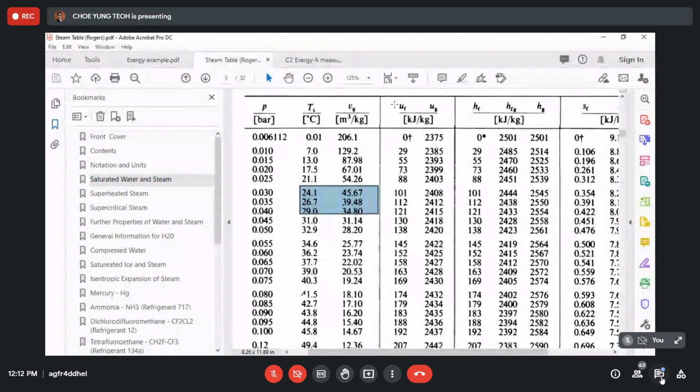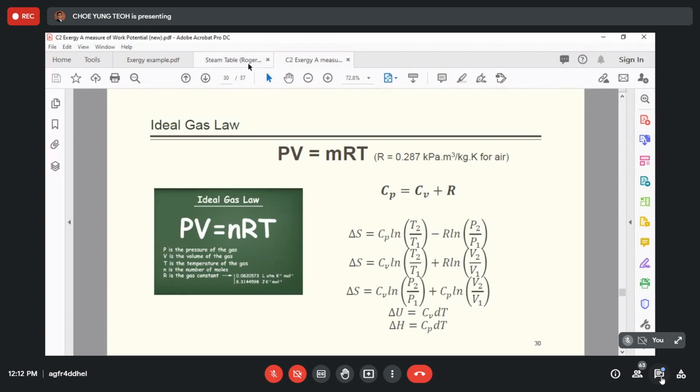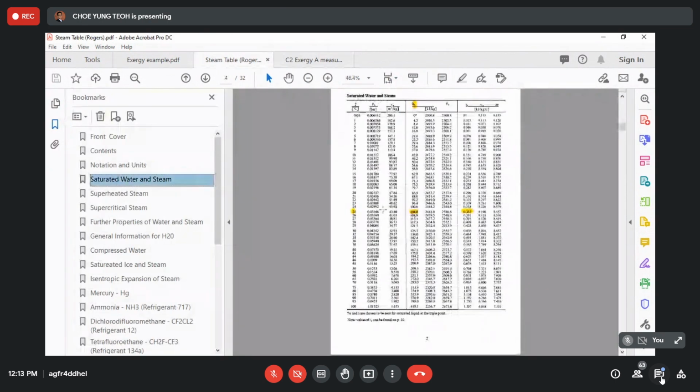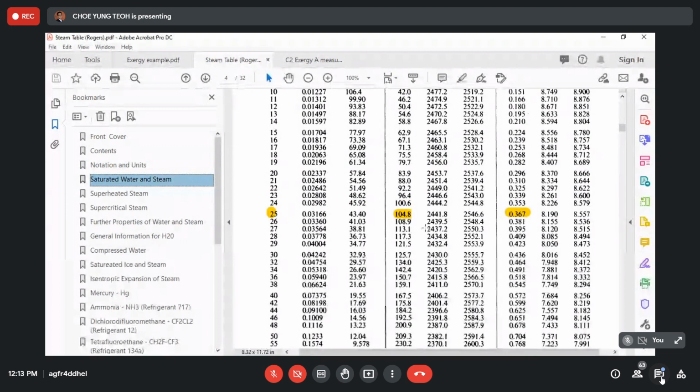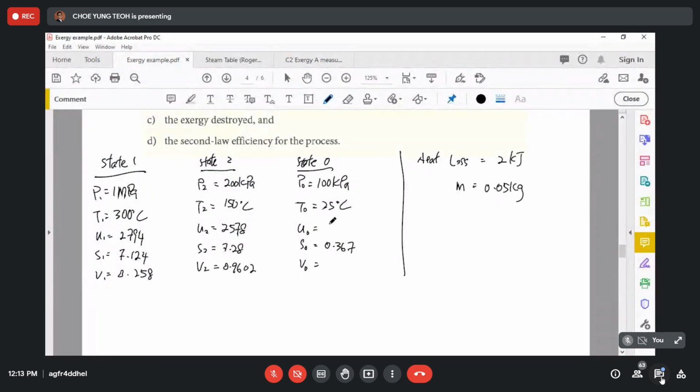If you want UF, you do the interpolation between 101 and 112, and you get the U value, which is actually the same as what we get from the H table, 104.8. So H and U will be the same value for incompressible water. So we have 104.8 as well.